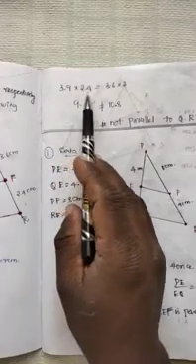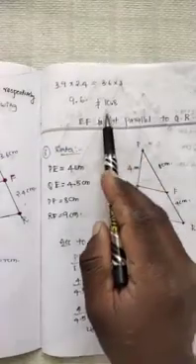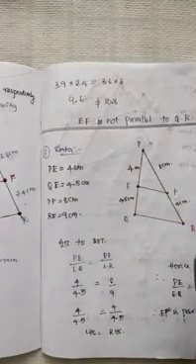When we multiply, 3.9 into 2.4 we get 9.36 and 3.6 into 3 we get 10.8. So 9.6 is not equal to 10.8. So EF is not parallel to QR, right?